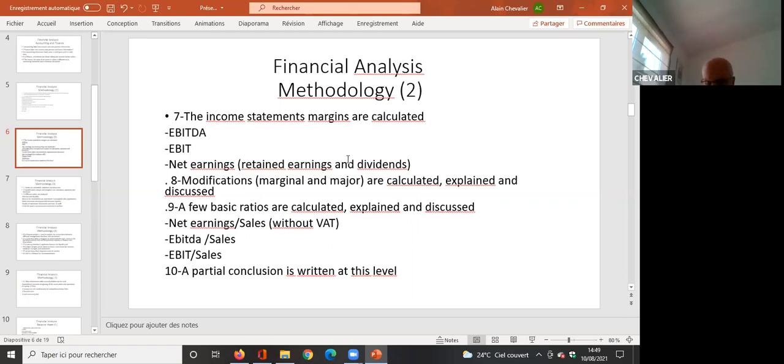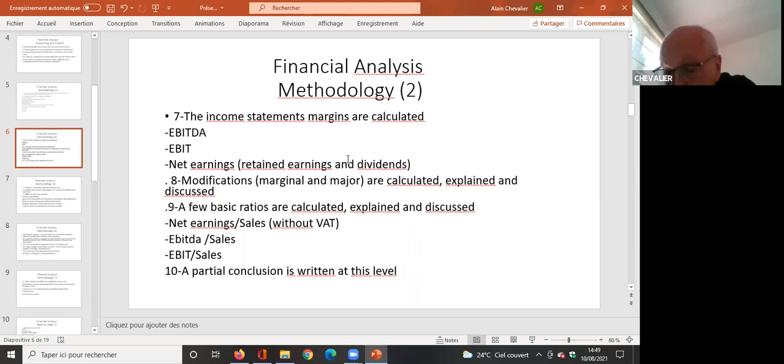If all these margins are declining at the same time, there is something wrong somewhere, either in the firm and the policies which are enforced, or also in the environment.